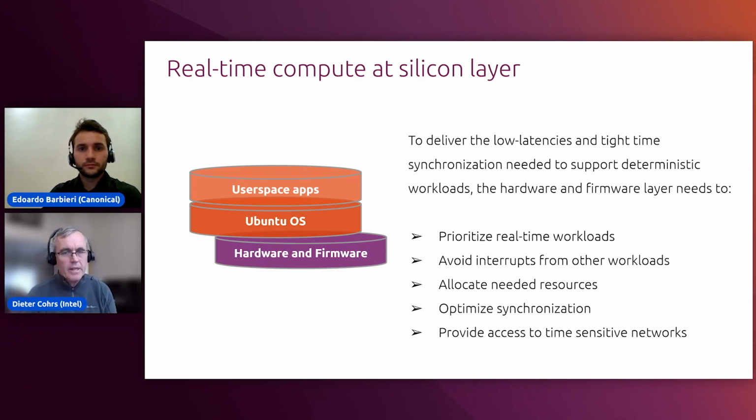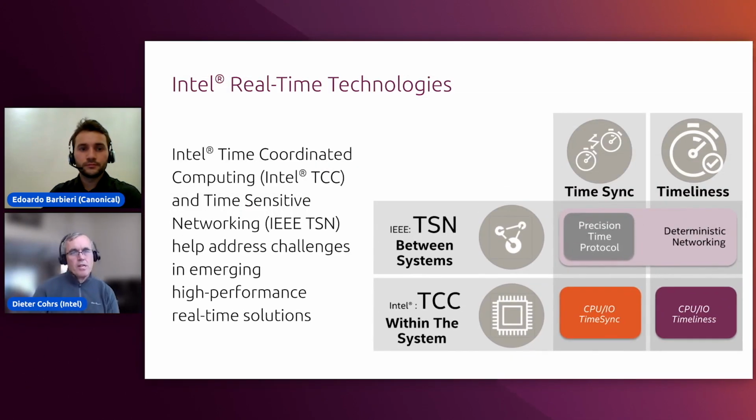So really making sure that you have all the different capabilities together on the SoC, and as the last bullet shows here, also providing access to time-sensitive networks. In this space, we're really talking about IEEE TSN-capable networks over Ethernet, and in the future, actually also over 5G and Wi-Fi.